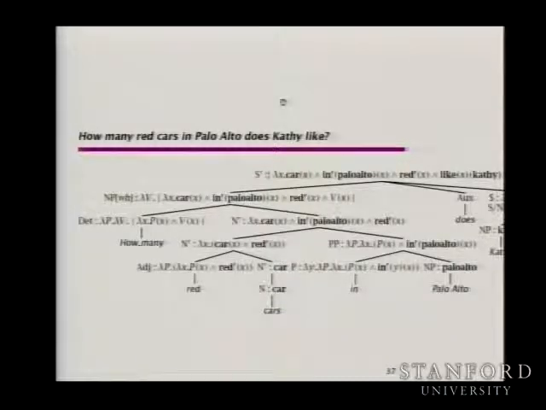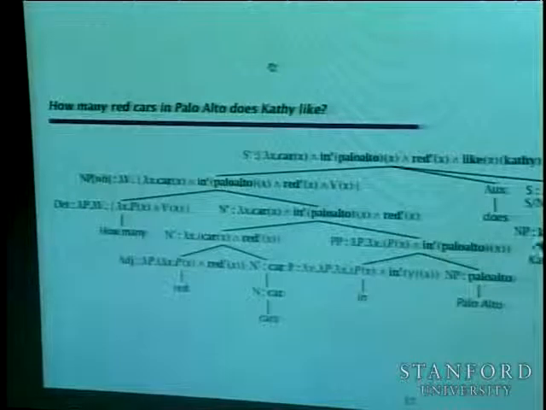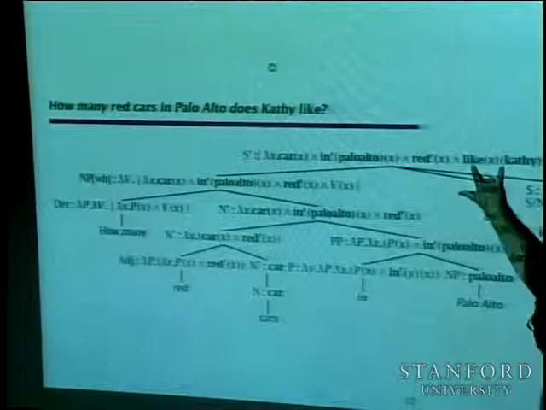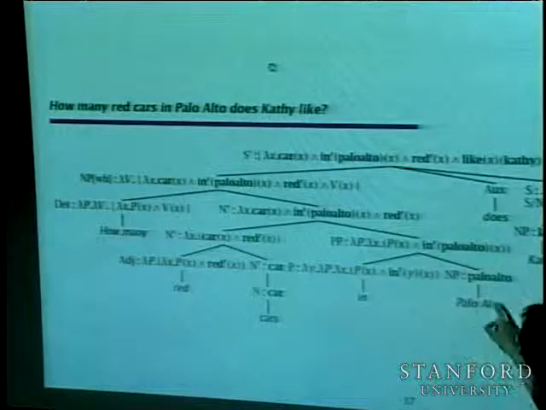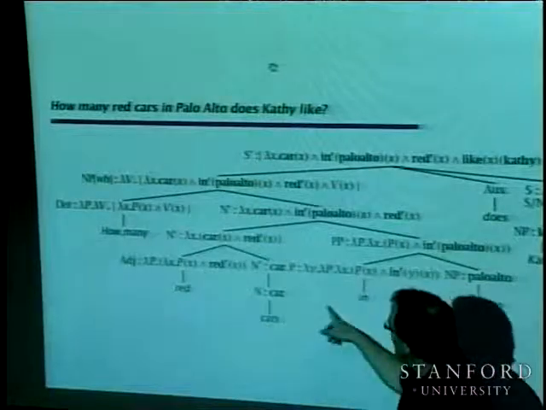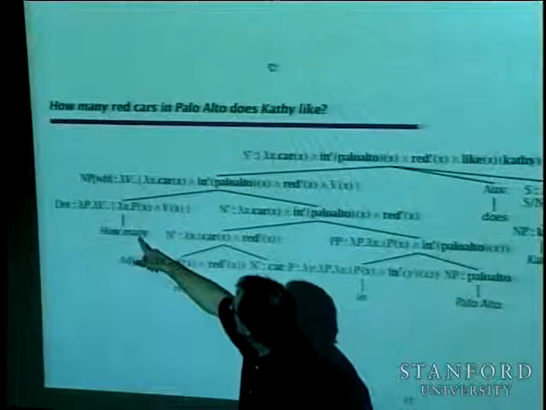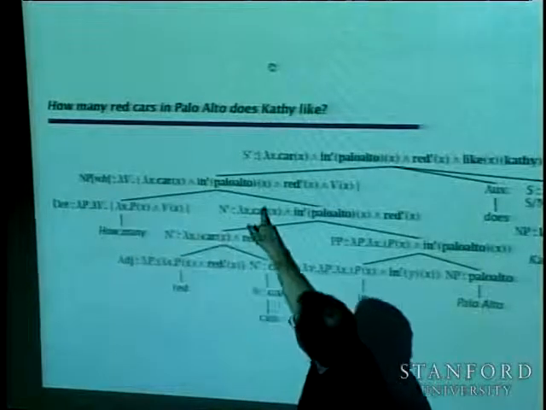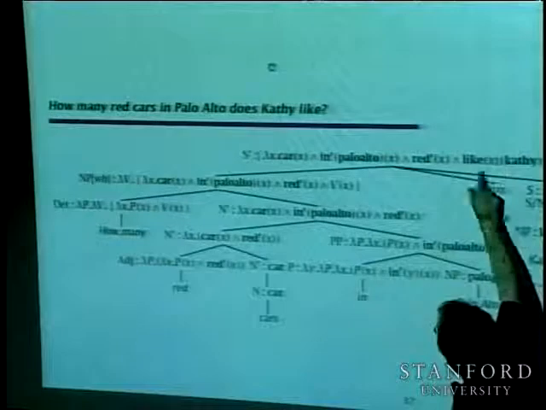So this is how many cars in Palo Alto does Kathy like? So we kind of make up the does Kathy like part here. And then for the how many red cars in Palo Alto, we make this property of red cars in Palo Alto just like before. And then how many takes first this property, and then it takes the likes Kathy property.